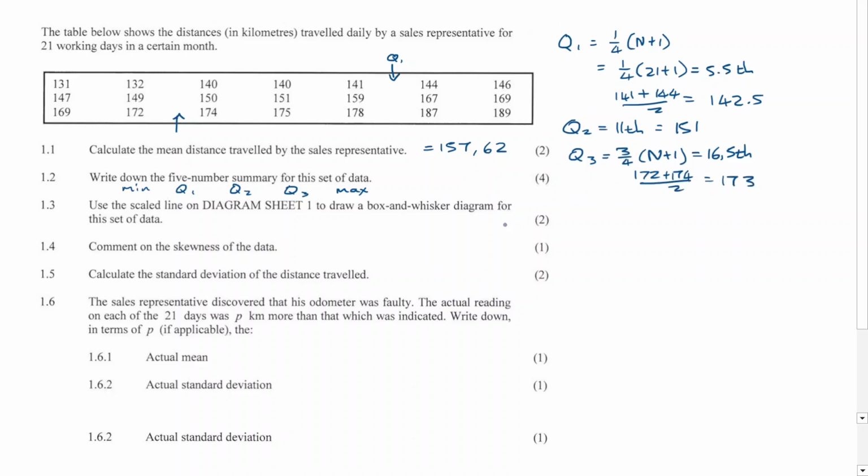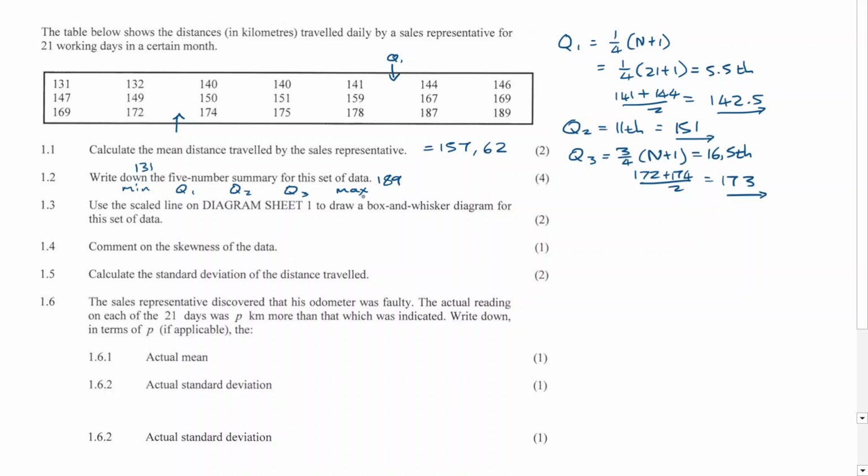And so I've got the 5-number summary. It's the min, which we said was 131. It's the max, which we said was 189. It's the lower quartile. It's the median, and it's the upper quartile.